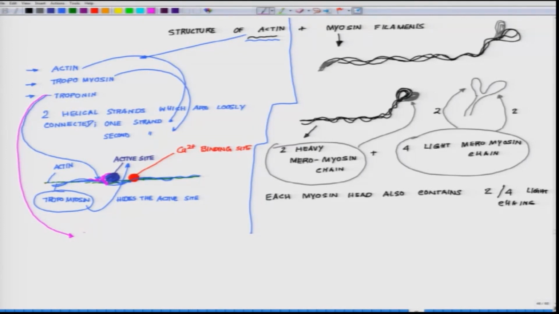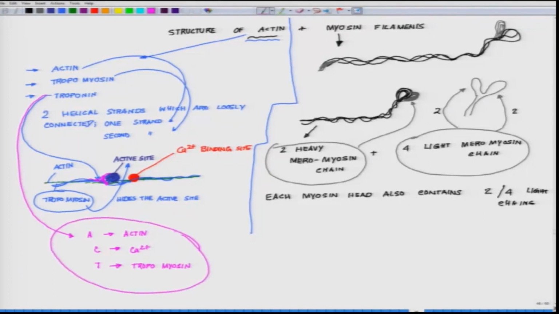It has troponin A, which has affinity for actin, it binds to the actin. Then you have troponin C, which has affinity for calcium ion, this binds to the calcium ion, and troponin T, which binds to the tropomyosin.